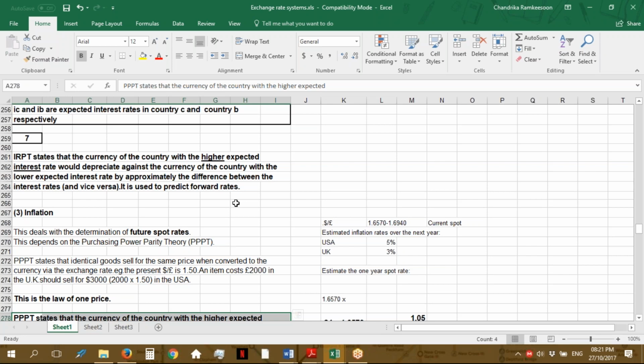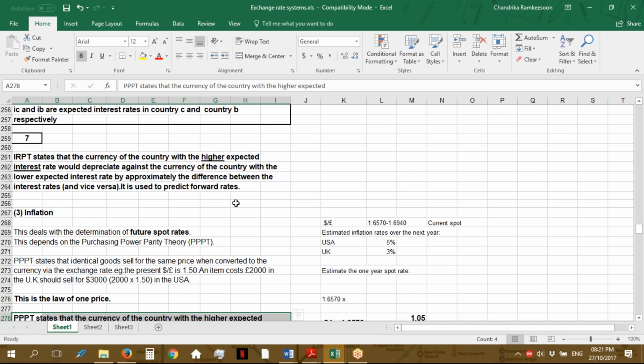But you also need to remember that if the value of a currency is expected to go up or goes up too much, it will become difficult for people to trade with that country because the value of the currency has risen. In other words, there are two sides to it, not just one side.